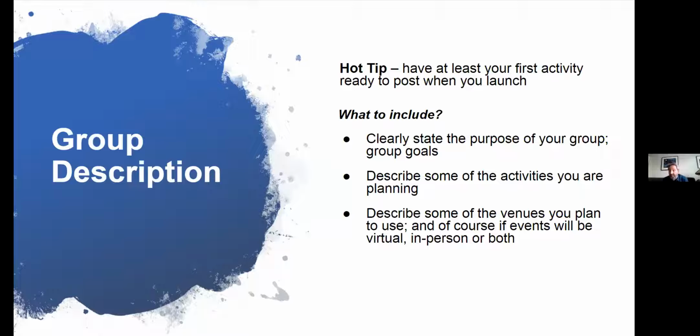If you're starting online, you might want to talk about what you hope to be doing once you can resume doing in-person events. Especially important, of course, for groups that have a major social component as well. You want to describe some of the venues you plan to use, again, once we resume in person. And of course, whether your events will be virtual, in person, or both.